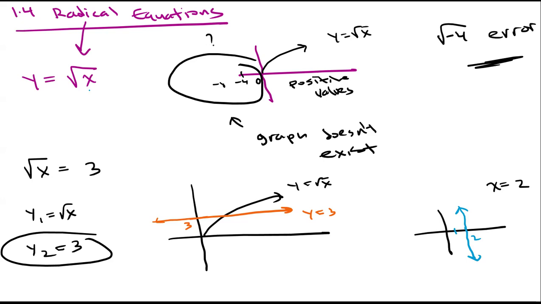So in this case, when we're solving these radical equations, just like how we did when solving linear equations, where we were trying to see, do they intersect? Are they parallel? Or are they the same line? Because we have one solution, zero solutions, and infinitely many solutions when we're solving linear equations.